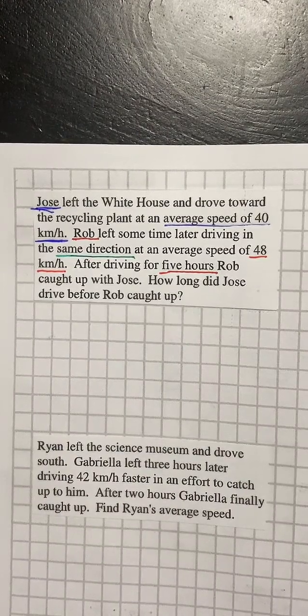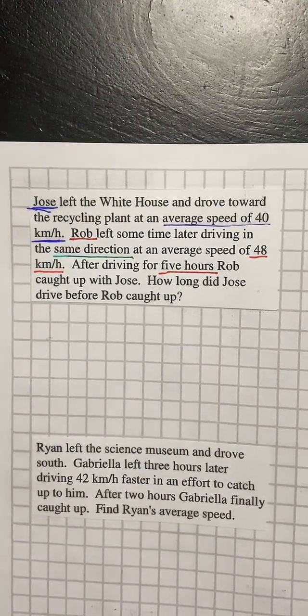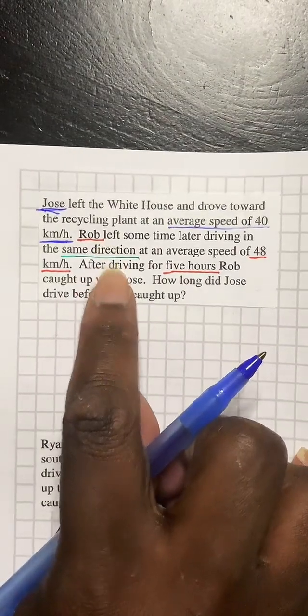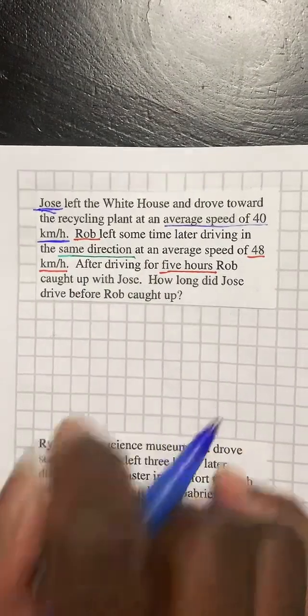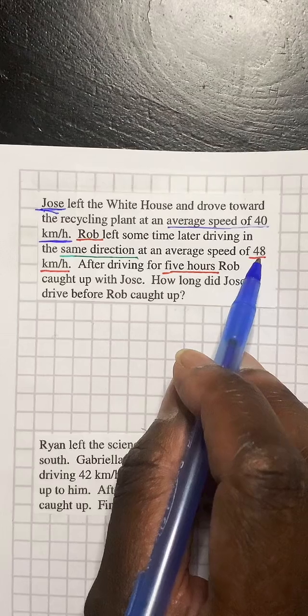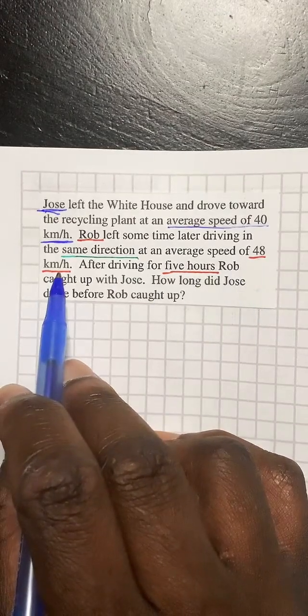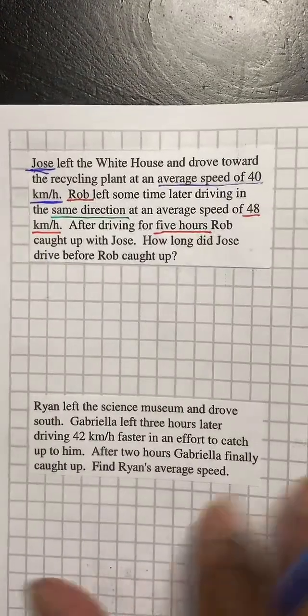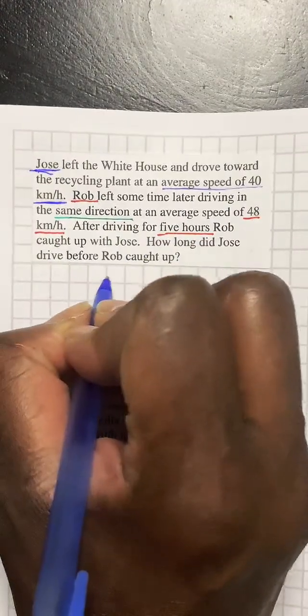Okay, so let's think about it. We can figure out Rob's distance. We know in the same direction we have 48 kilometers per hour, and he drove for 5 hours. So right there, we can get this.